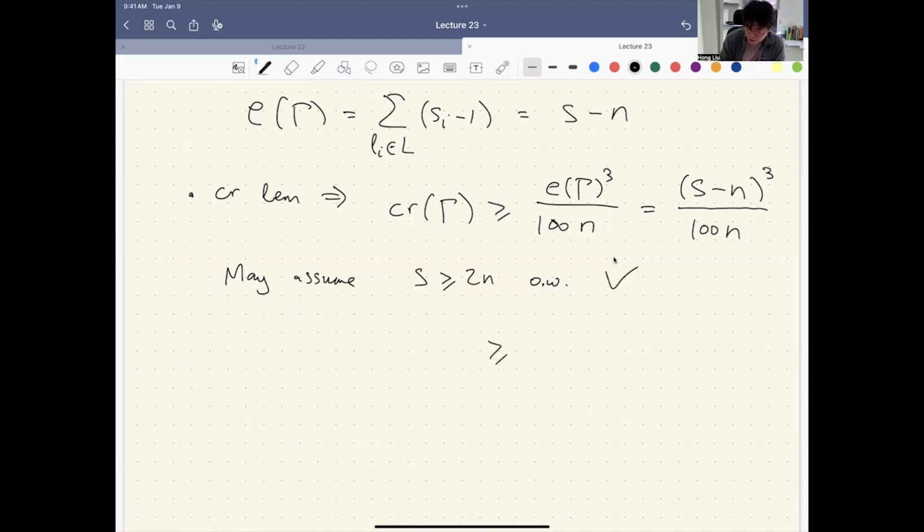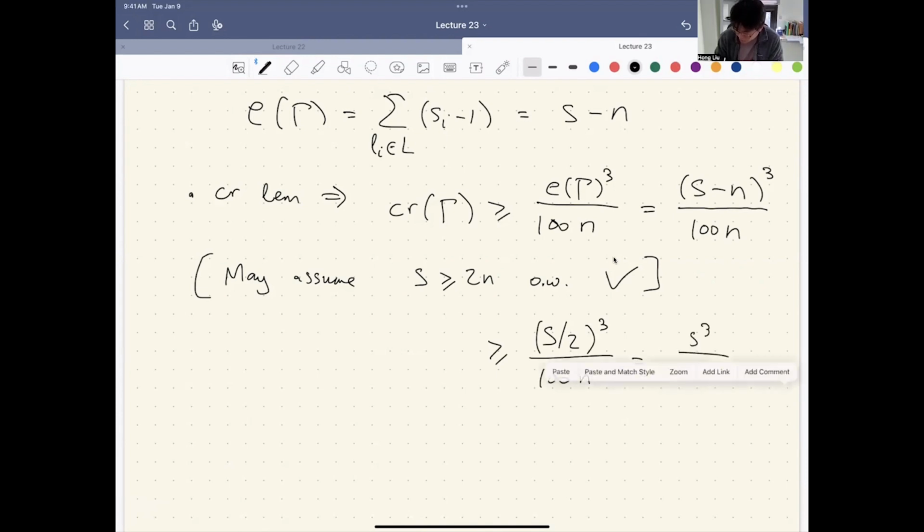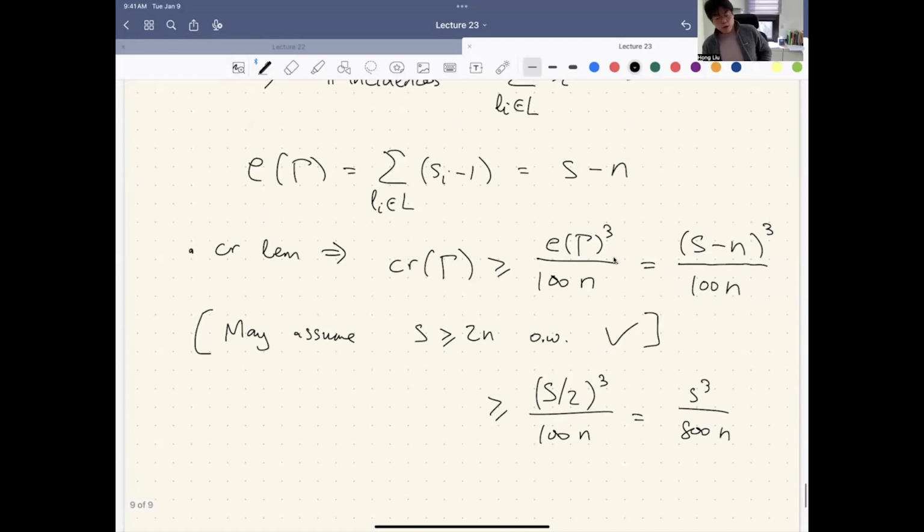Then this is at least (S over 2) cubed over 100n, which is S cubed over 800n. Good, we get a lower bound on the number of crossings.